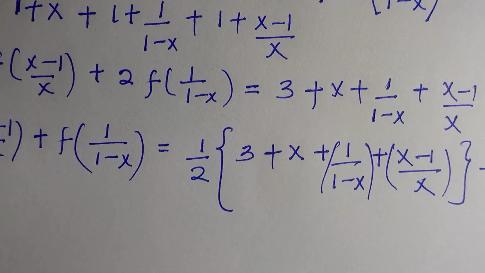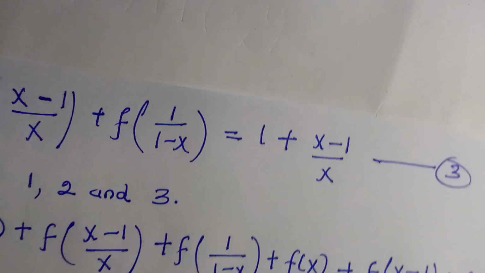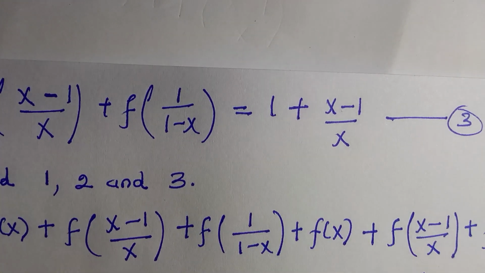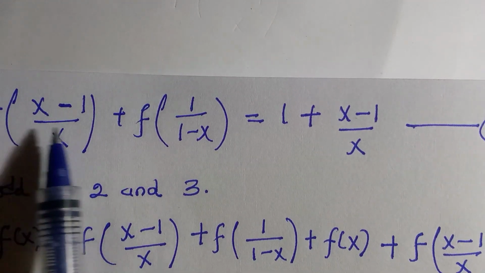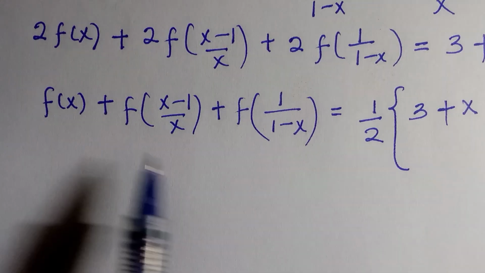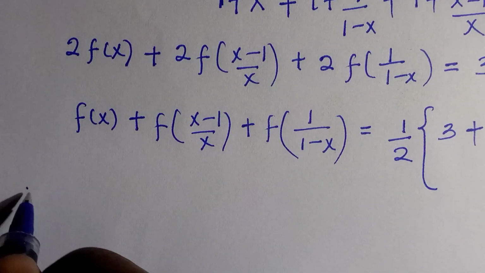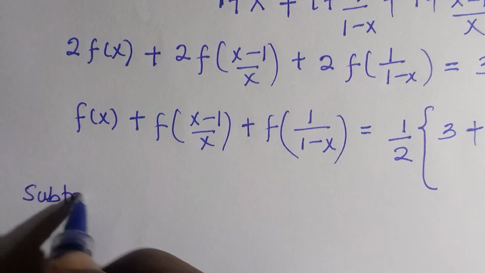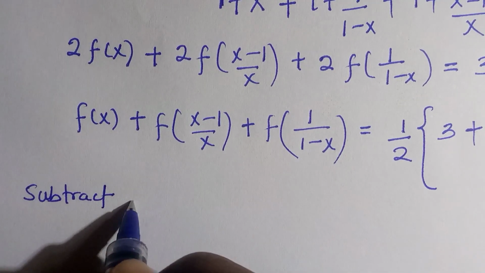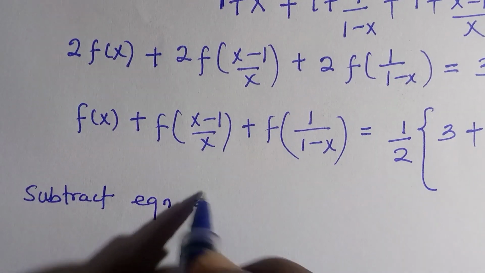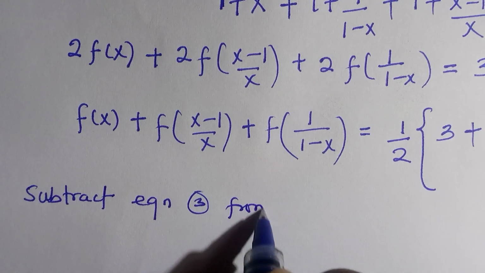Alright, at this stage, from equation 3 and this equation 4, there is something common to them. And by subtracting equation 3 from 4, we have the result, which is f of x. That is, we have to subtract equation 3 from 4.